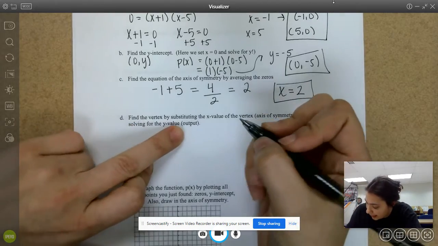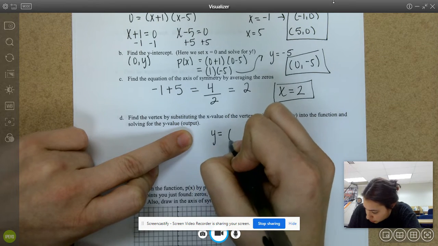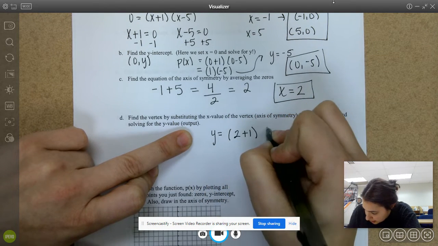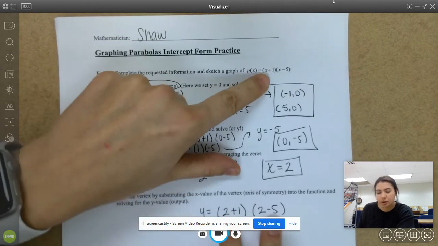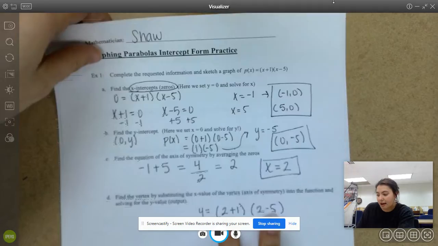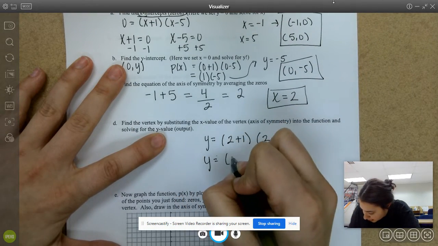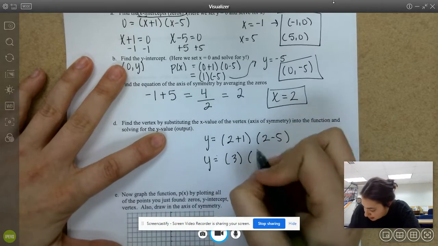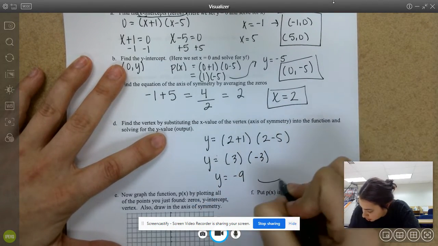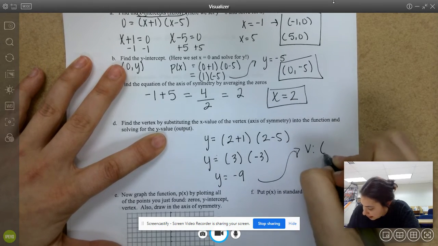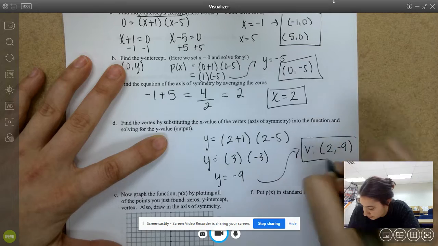So y is equal to 2 plus 1 times 2 minus 5, plugging back into the original function. 2 plus 1 is 3, and 2 minus 5 is negative 3, so y is equal to negative 9. Therefore, our vertex is 2, negative 9.